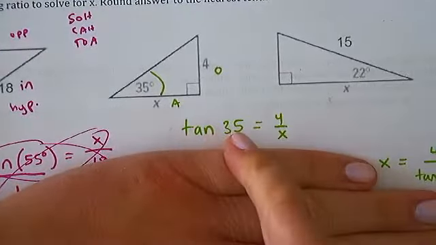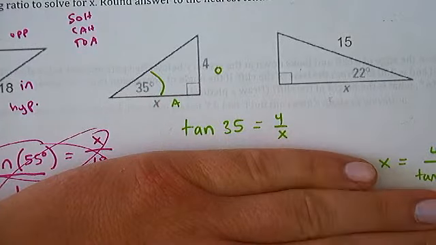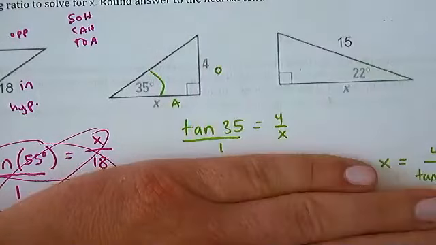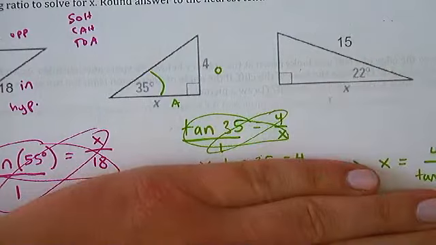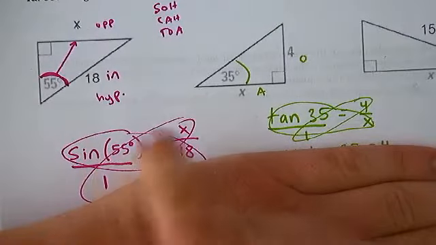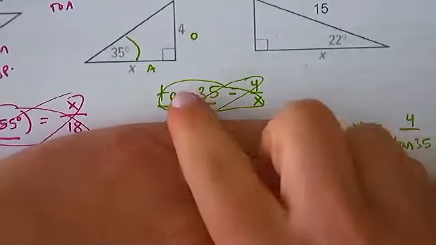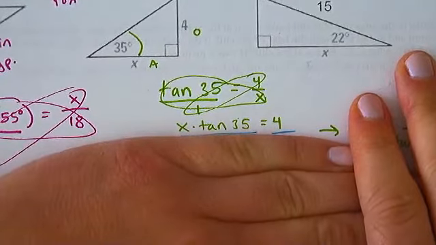So we do tan of our angle, 35, equals opposite over adjacent, 4 over x. Then you can put the tan over 1 and cross multiply. And you'll see this time compared to the last one, that was x times 1, so it kind of just solved itself. This one, you're multiplying the tan by the x to get you to here, okay?